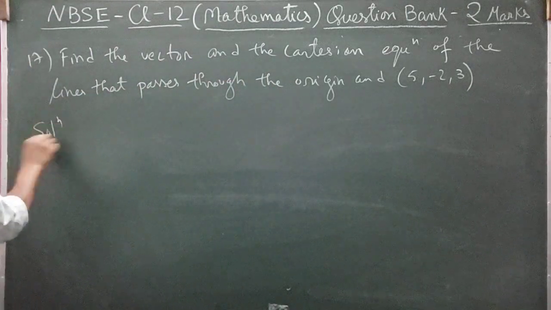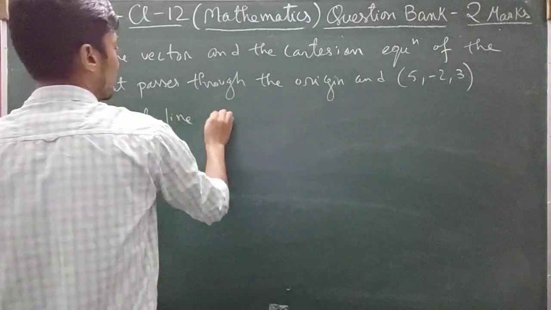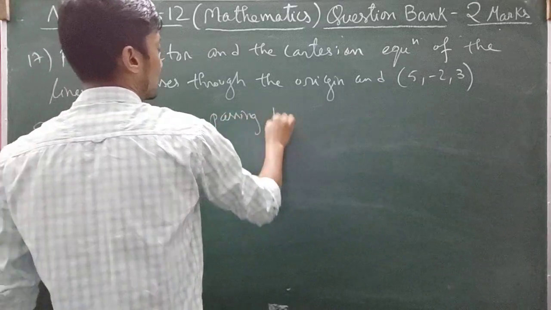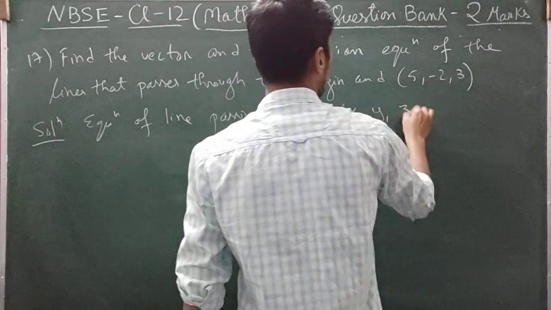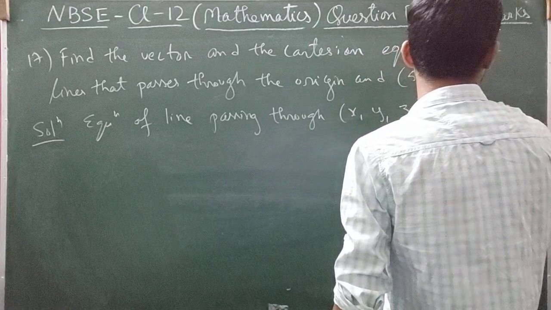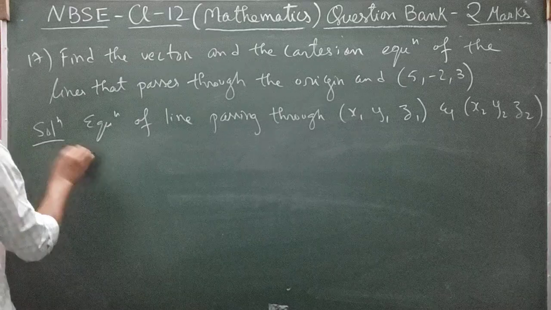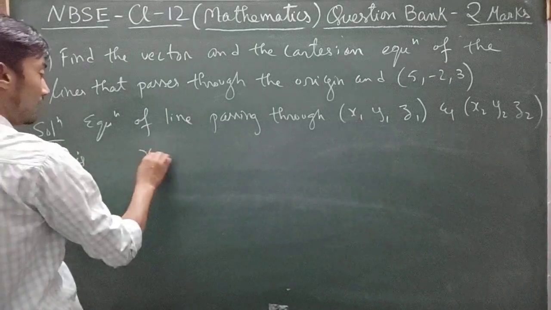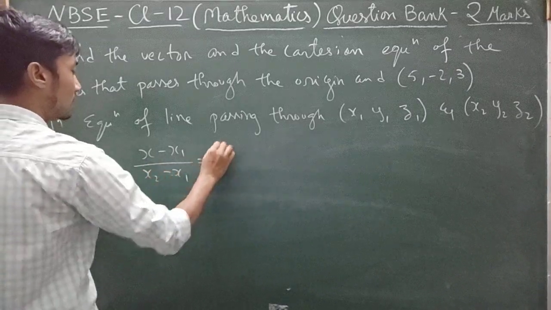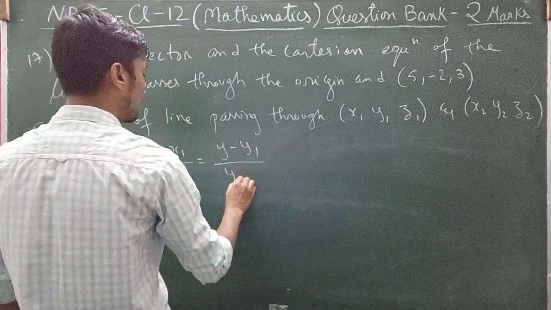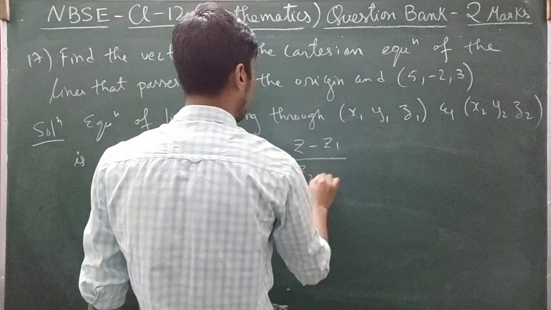Solution. I'll just give you the theorem, that is, equation of line passing through the 2 points x1, y1, z1 and x2, y2, z2 is given by x minus x1 over x2 minus x1, y minus y1 over y2 minus y1, z minus z1 over z2 minus z1.